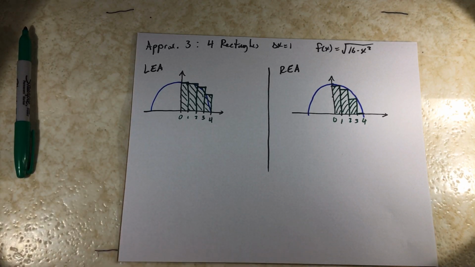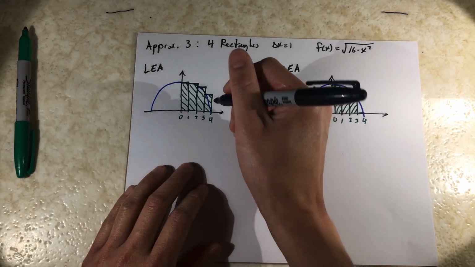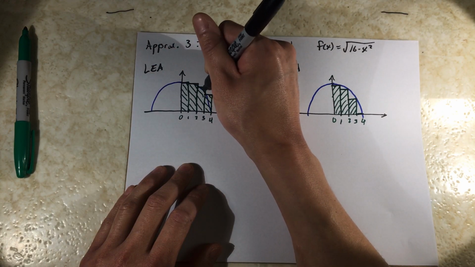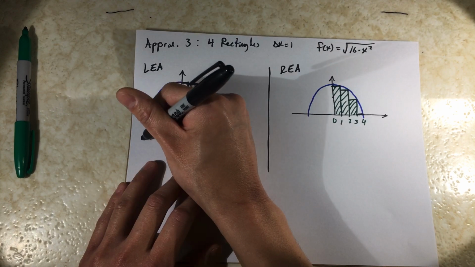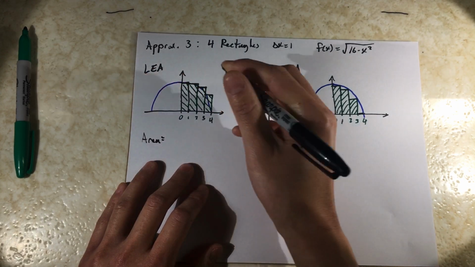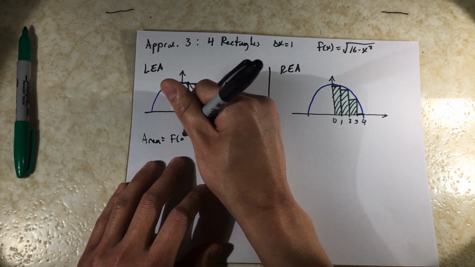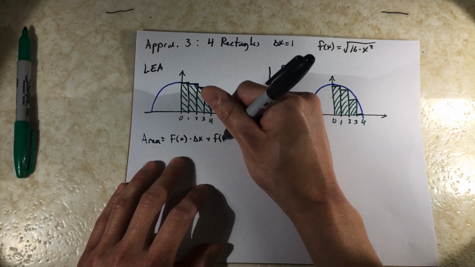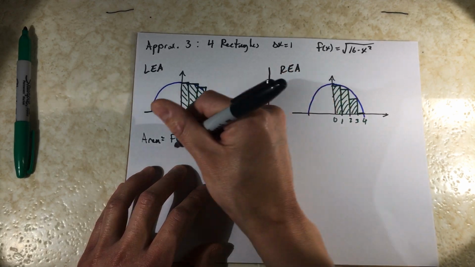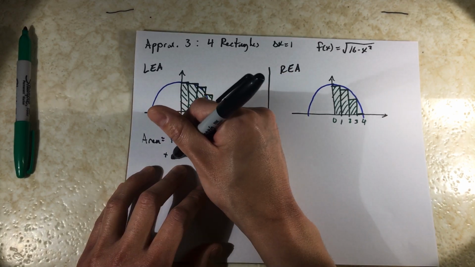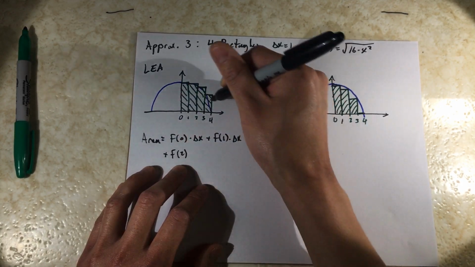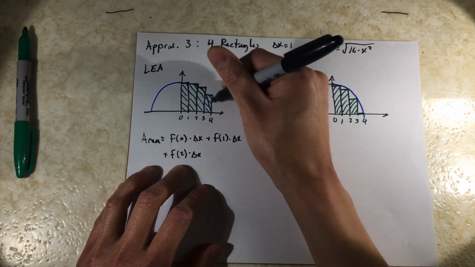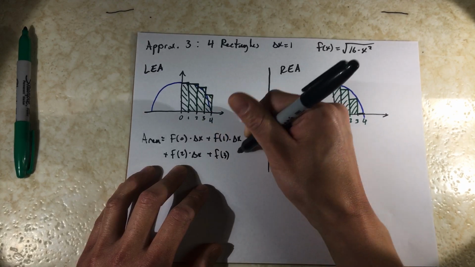In this case, for the area, we're going to use the left end, so that's f of 0, f of 1, f of 2, f of 3. So our area will be equal to f of 0 times delta x plus f of 1 times delta x plus f of 2, which is this one that has a height f of 2, and this last one, f of 3 times delta x.